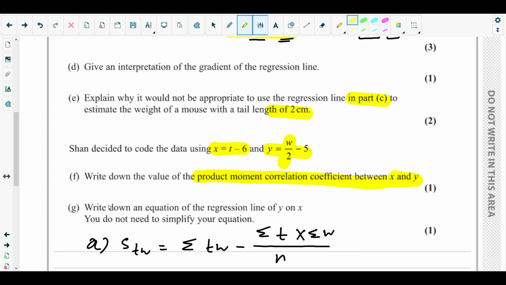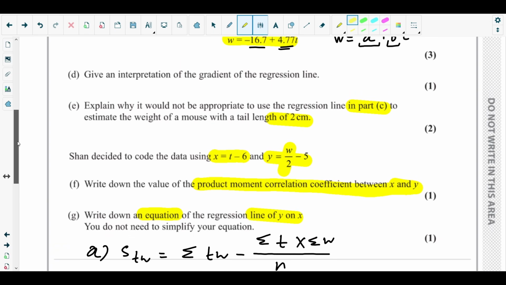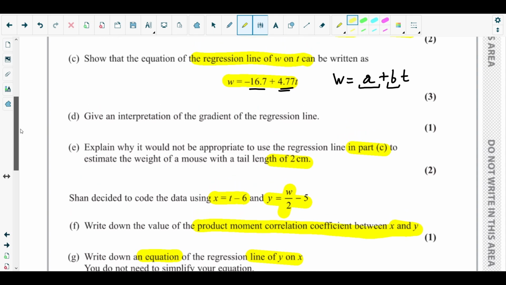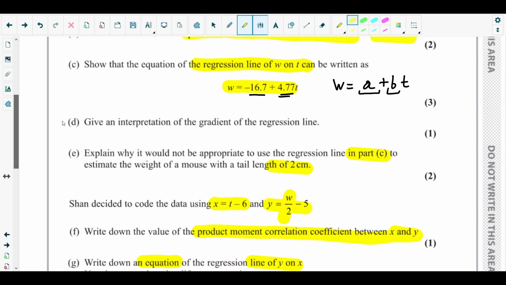Okay, next is part G. In part G, they're asking to write down an equation of the regression line of y on x. That means in place of w and t, we need to have x and y.